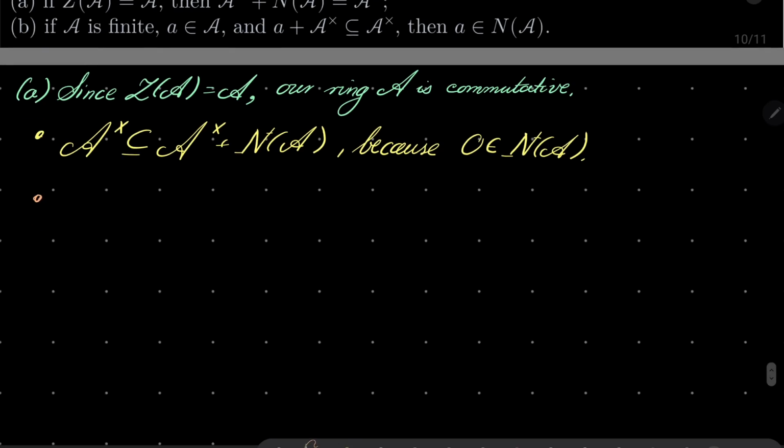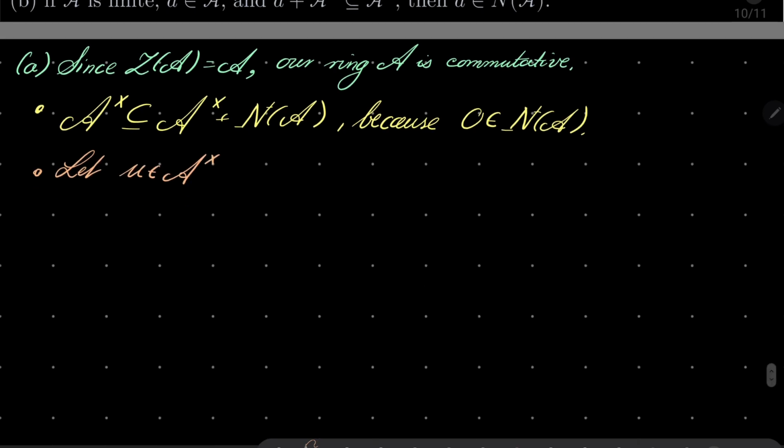What about the other inclusion? To prove the other inclusion, let u be some invertible element, and let n be some nilpotent element.